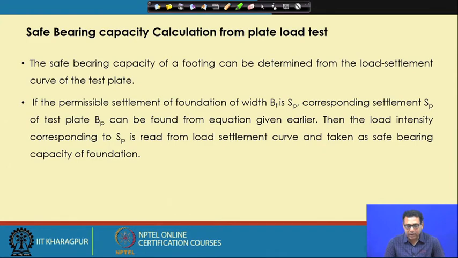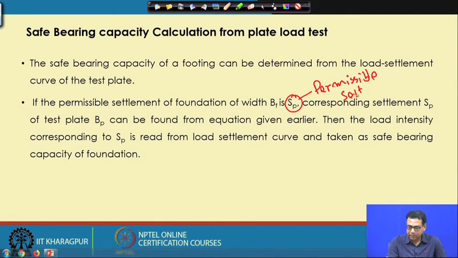Suppose the permissible settlement of a real foundation of width BF is SP. This is not the plate; this is the permissible settlement of a real foundation of width BF.